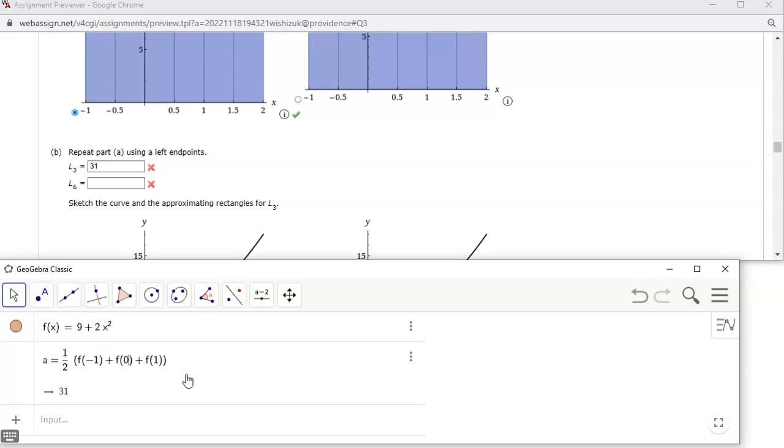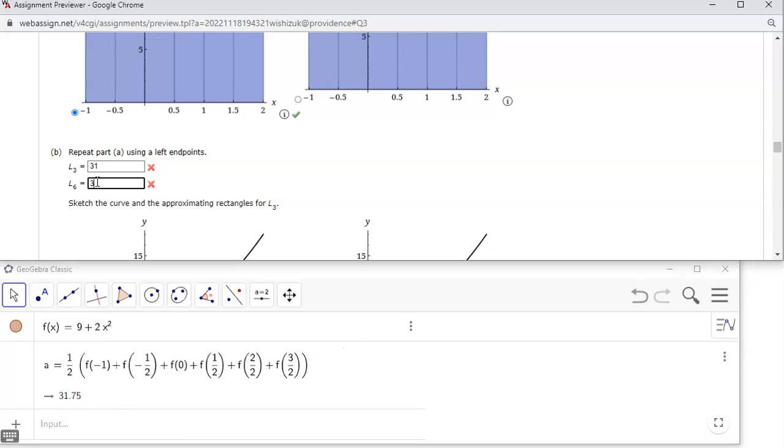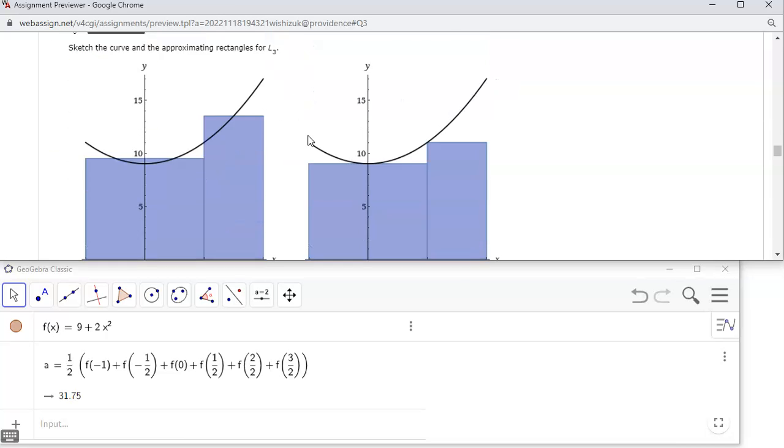The next one would be -1/2, next one is 0, next one is f of 1/2, then f of 2/2, and the last one is f of 3/2. So we have 6 of them. Then hit enter, and we have 31.75.